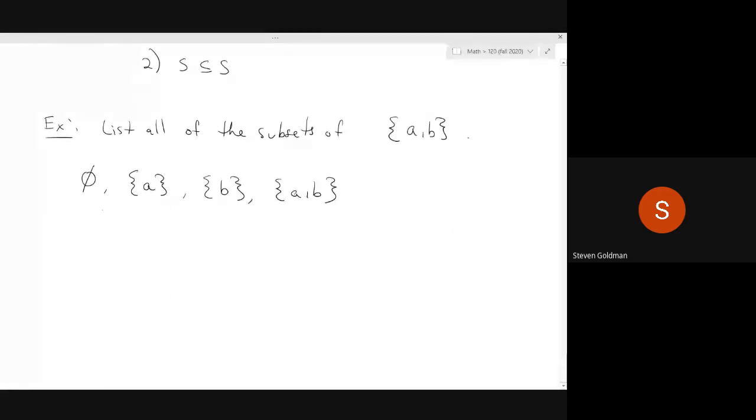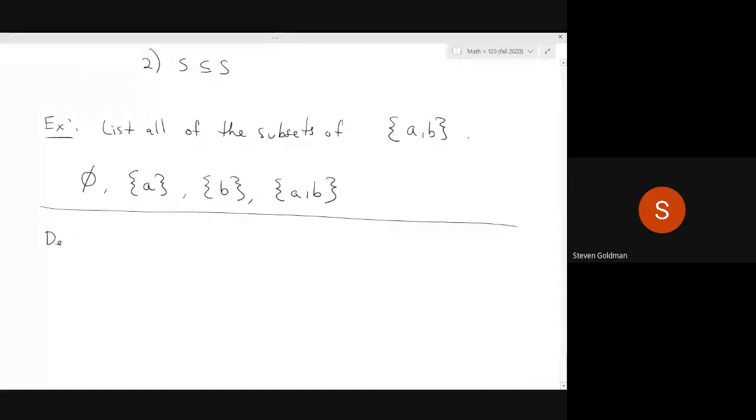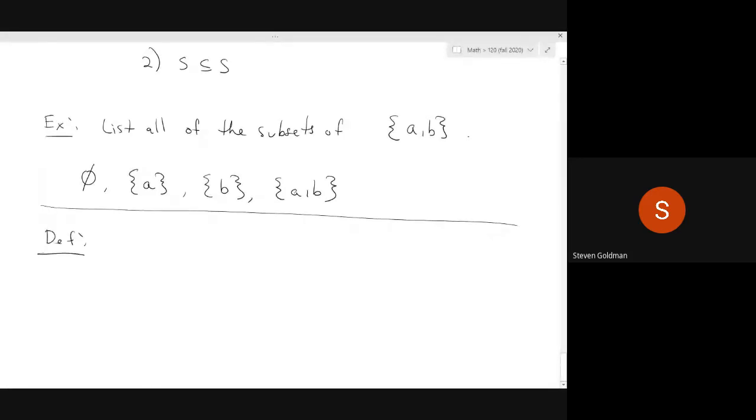We mentioned before, I briefly mentioned the size of a set. Let's discuss that now and give the definition. Let S be a set.